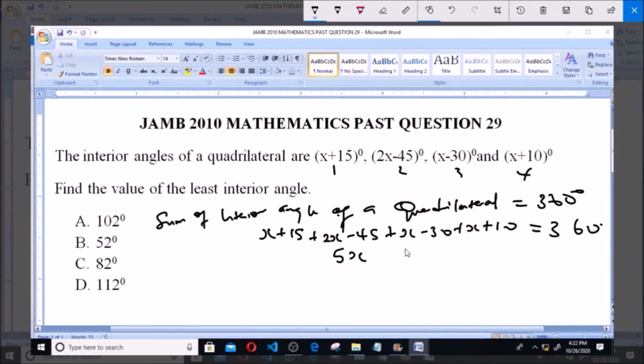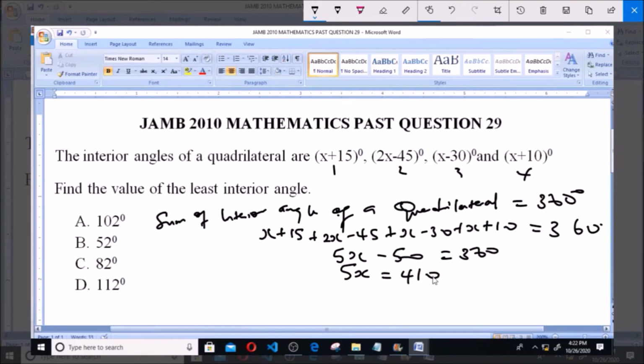We have 5x. Now looking at the numbers, 15 minus 45 will give us minus 30, minus 30 minus 30 will give us minus 60, plus 10 will give us minus 50, is equal to 360. From this we have that 5x is equal to 410, because this minus 50 will come here to become plus 50.